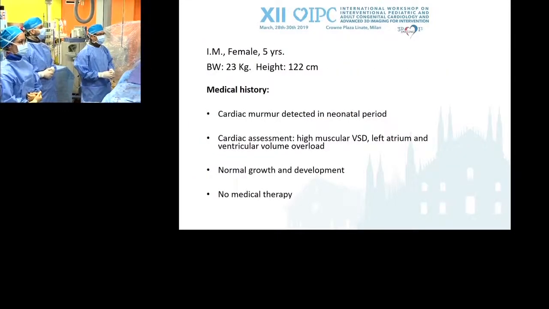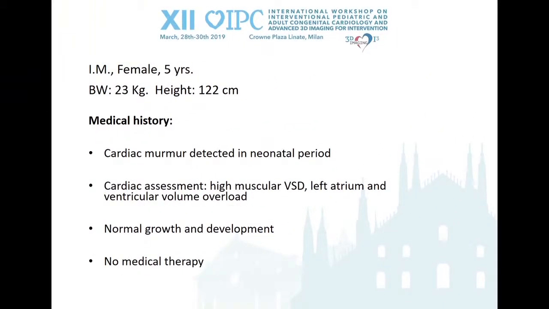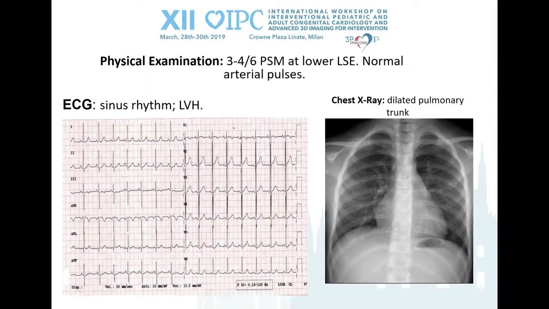Thank you. Our first case is a 5-year-old girl, 23 kilos. She was investigated for a cardiac murmur and was diagnosed with VSD. She's asymptomatic on no medication. Her ECG shows an LV hypertrophy with no strain pattern.